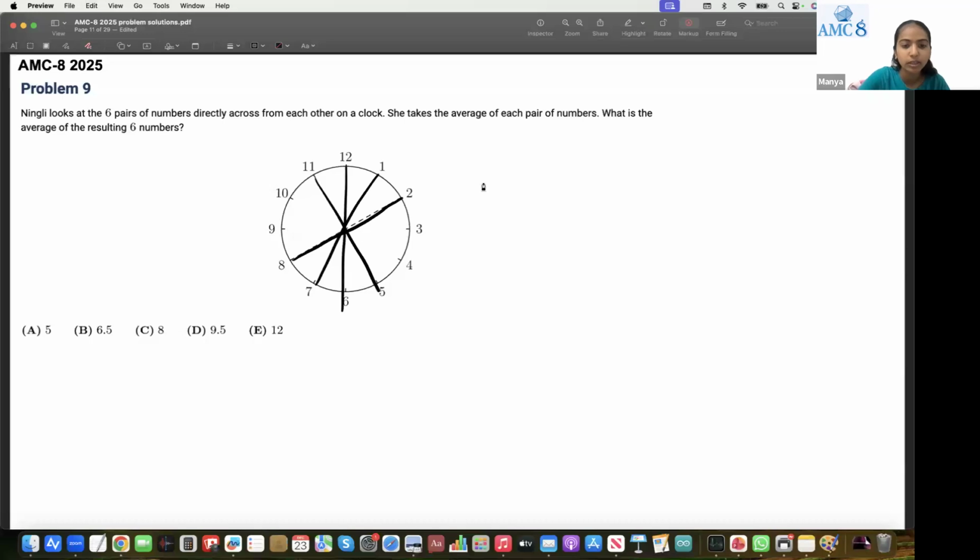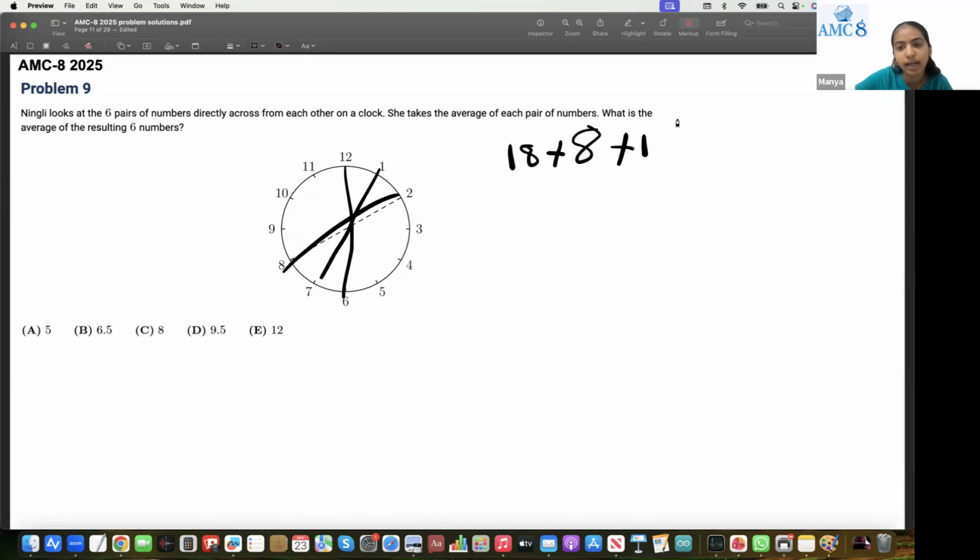First of all, let's just start off with 12 and 6. 12 plus 6 is equal to 18. Now we can go to 1 and 7. 1 plus 7 is equal to 8. Now we can go to 2 and 8.